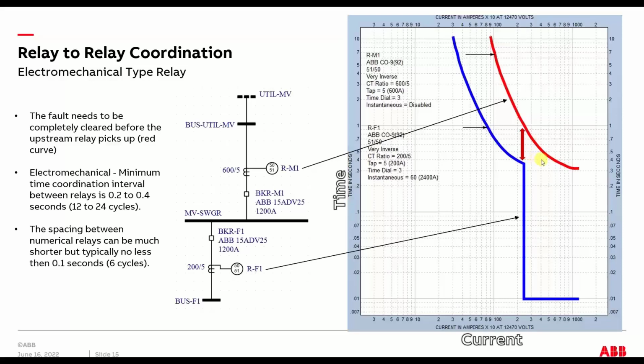More realistically, you're at say 0.2 seconds or 12 cycles, or as much as up to 24 cycles with an electromechanical relay. And the takeaway is that the modern relays are much more precise, they're much faster, they're much more reliable, so you can bring this time down considerably if you're using numerical versus electromechanical relays.